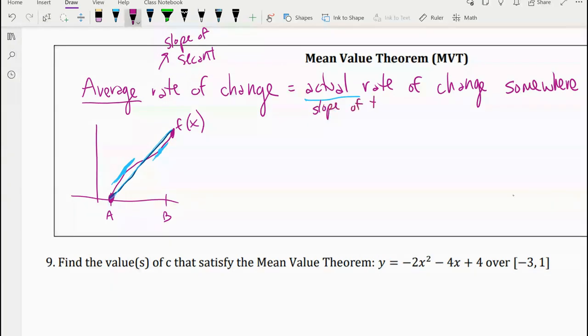So what we're saying is that the secant line and the tangent line are parallel somewhere over a given interval.